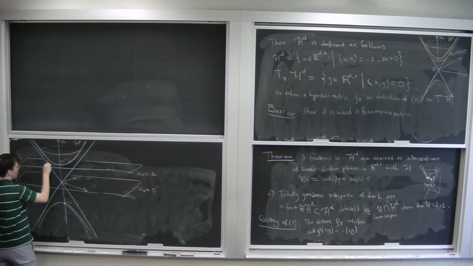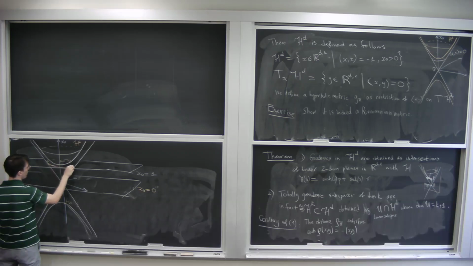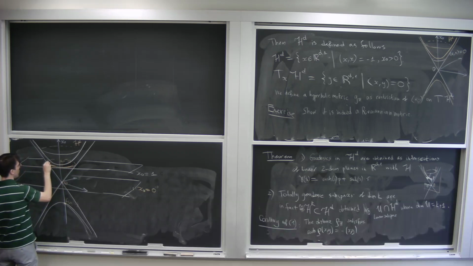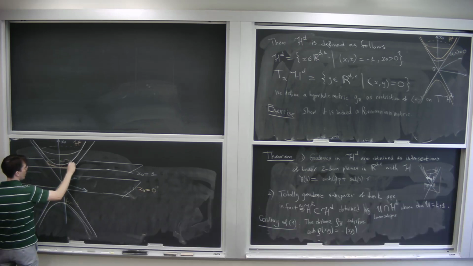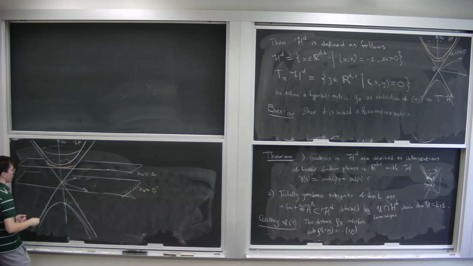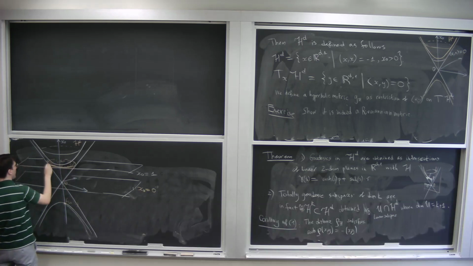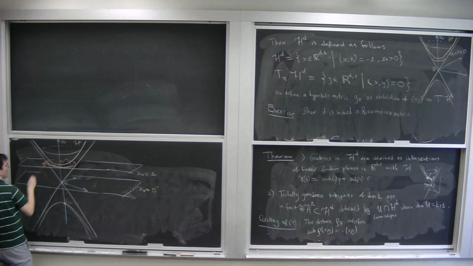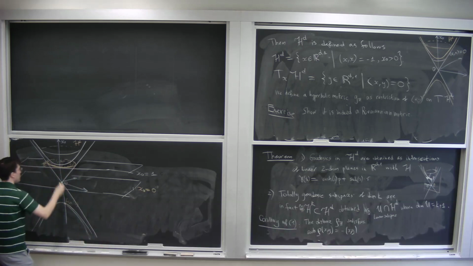I want to draw a nice picture. So this is a disk, it's the ball. This ball is obtained as follows. I am taking just the central projection.